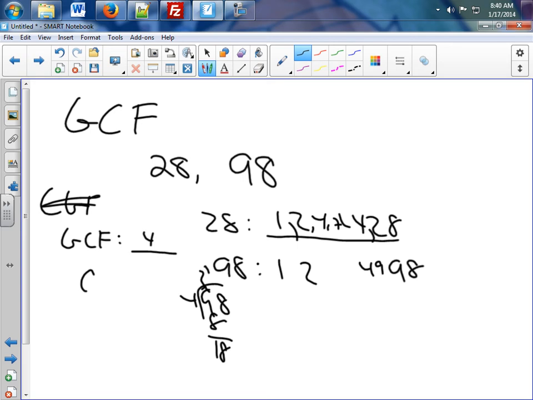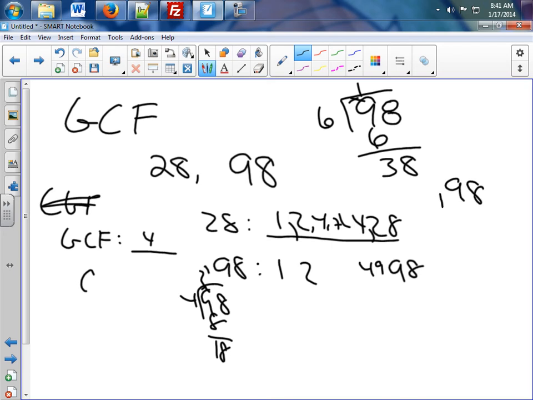Well, let's figure out. 98 and 6. 1, 6. That brings down the 8. That doesn't work. Anything else? Let's try 7. Okay, we'll try 7. 7 and a 14. So what's my greatest common factor?